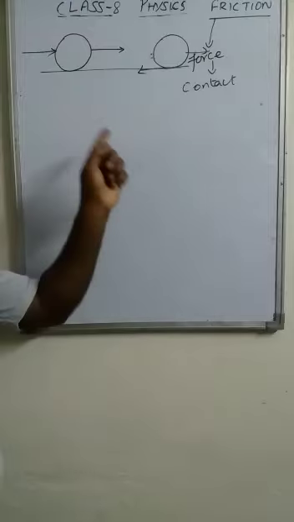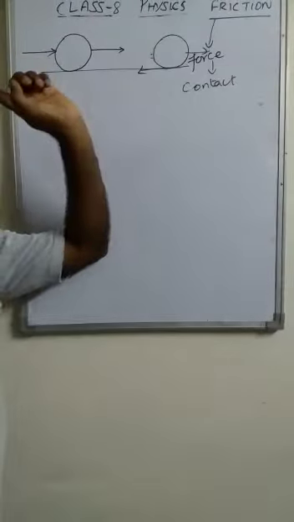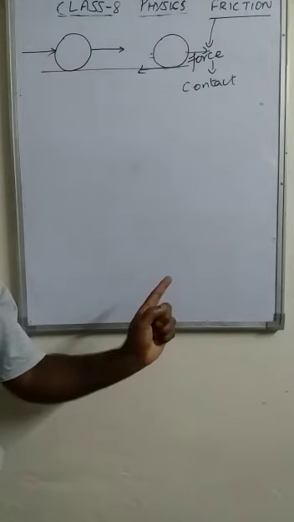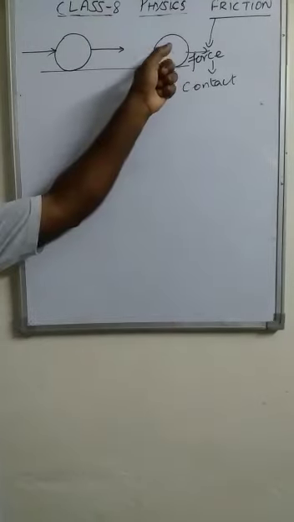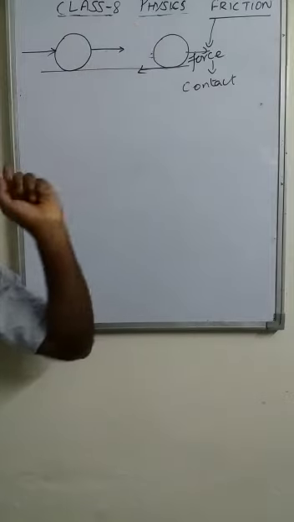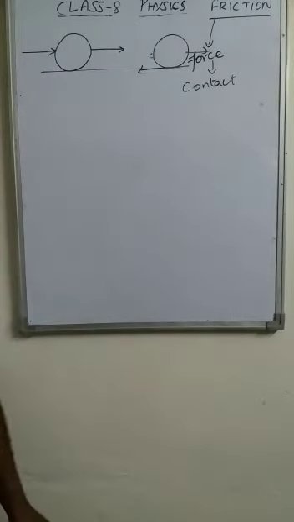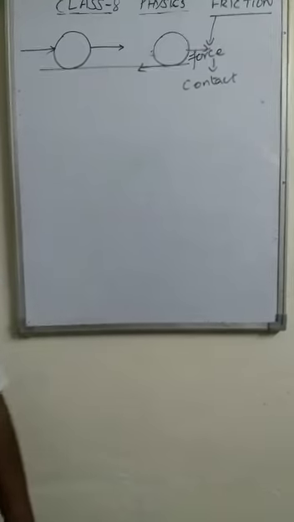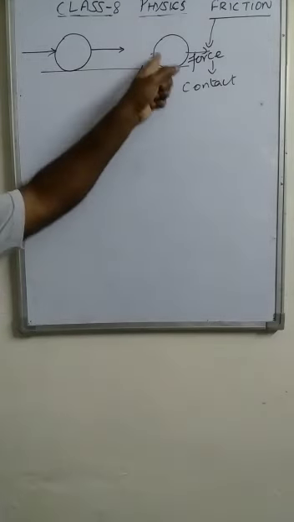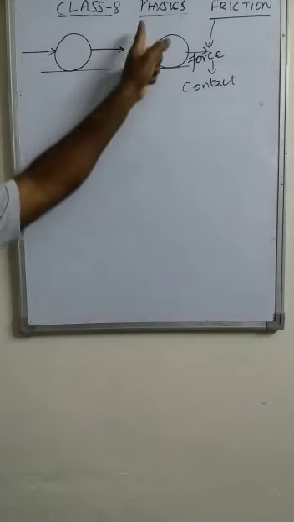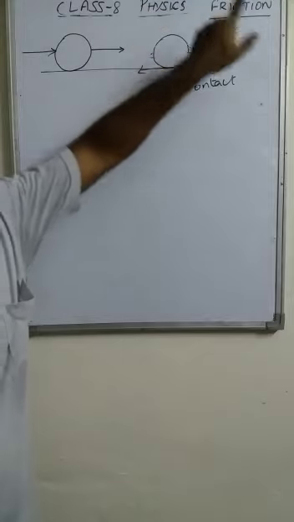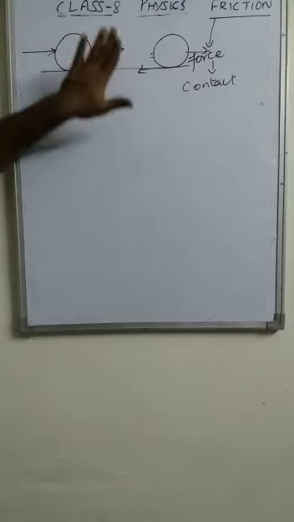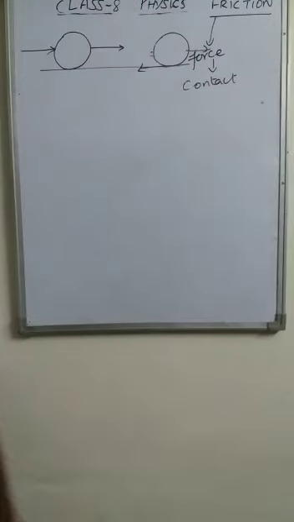Friction is the force acting between two surfaces in contact when one is moving on the other. One more word should also be included. Friction is the opposing force acting between two surfaces in contact when one is moving on the other. That is the definition of friction.